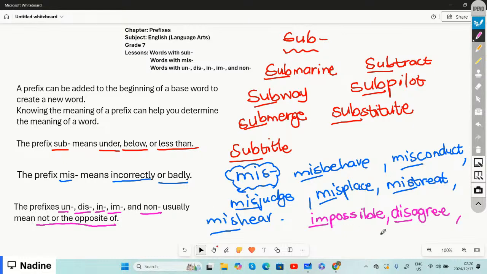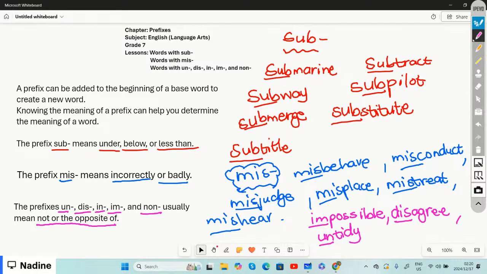Then we have the word untidy. The word tidy is when you're constantly keeping your space clean, right? But the opposite of that word is untidy, meaning that it is not tidy, it is not clean.